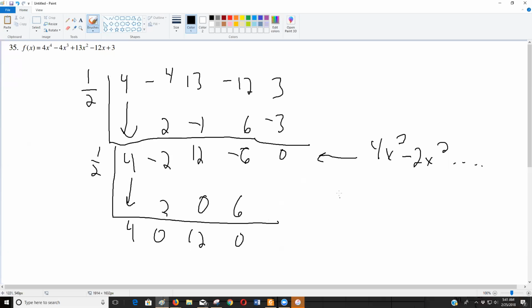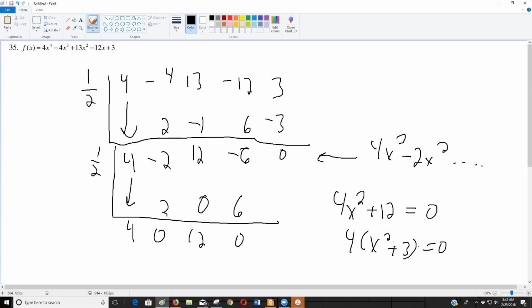What I have left is 4x squared plus 12, and I want to know, when does that equal 0? Well, I can factor out a 4.